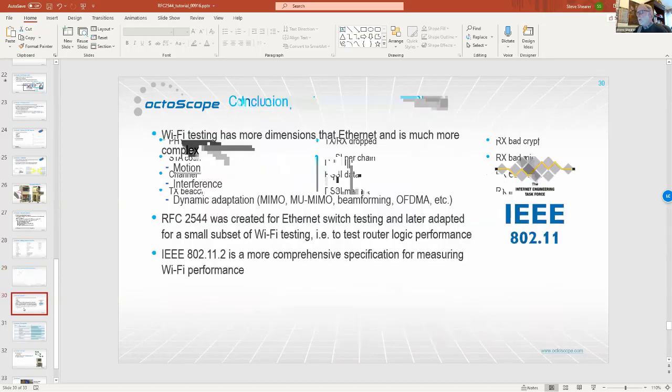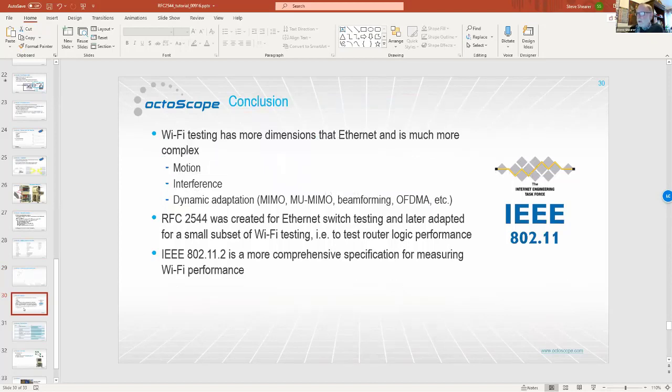So just in conclusion, Wi-Fi testing has a lot more dimensions than Ethernet testing. We really haven't touched on many of those in this talk, but we have in other tutorials. We've got to deal with motion, we've got to deal with interference. There's a whole dynamic adaptation going on.